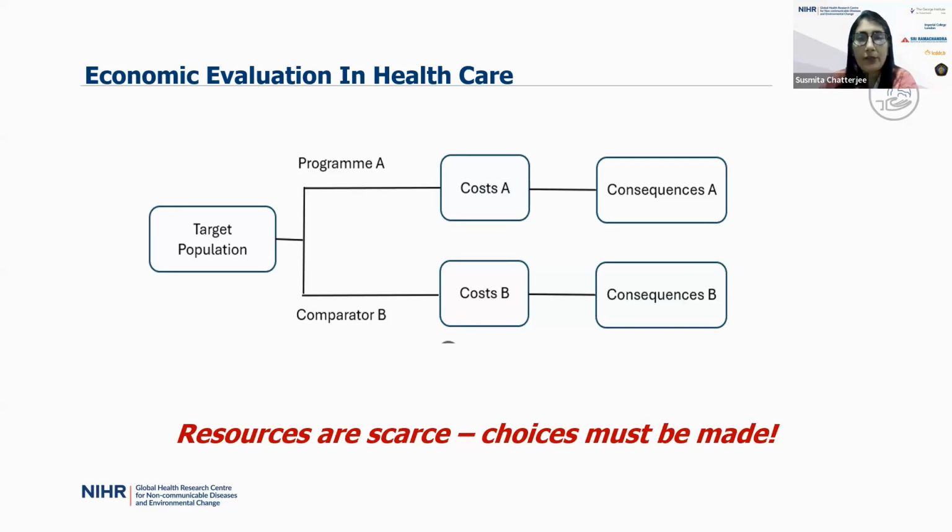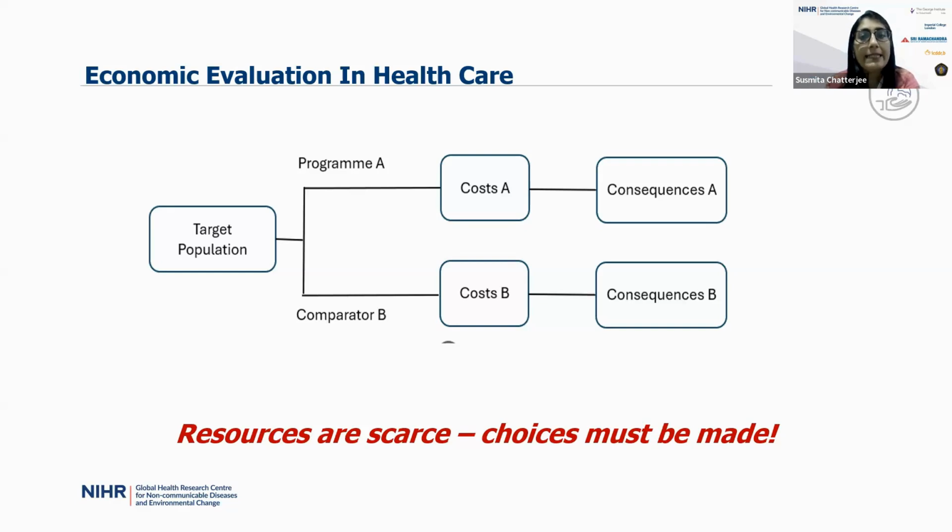That's the normal situation, which we call the counterfactual or my competitor. And then came the new program, and that program has a separate cost. That program has a separate consequence, which is reducing the hospitalization rate and mortality. Then we'll see which one is better, whether program A is giving me lesser cost and better outcome.